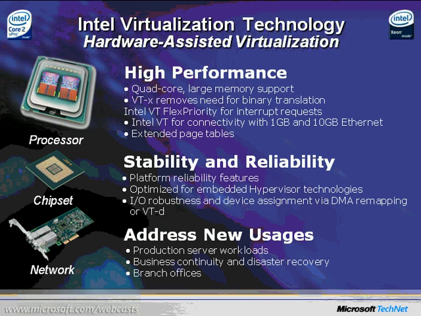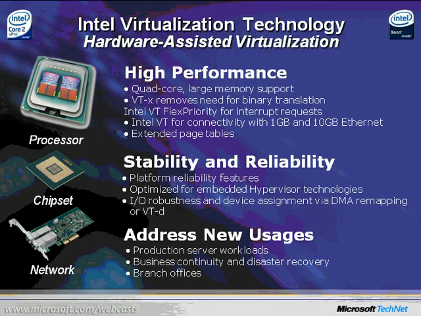So the reason Intel VT provides this higher performance is it eliminates the need for software to translate memory address spaces and instructions between multiple virtualized workloads that run on top of the same hardware.